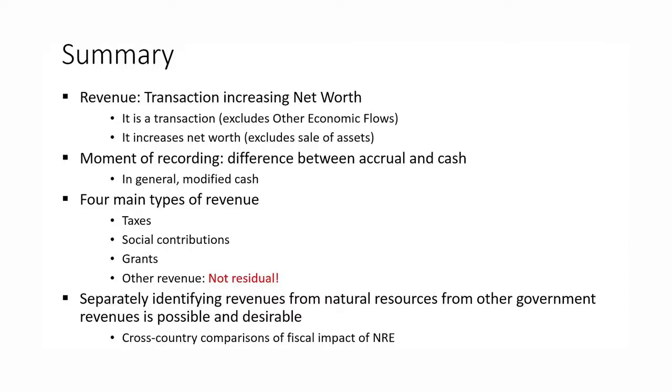Now we have the two main ingredients for compiling SDG indicator 17.1.1, which means total government revenue as a proportion of GDP by source. And we also recorded the sources. What comes from taxes, what comes from grants, what comes from fines and so on. So we have all ingredients to have this.